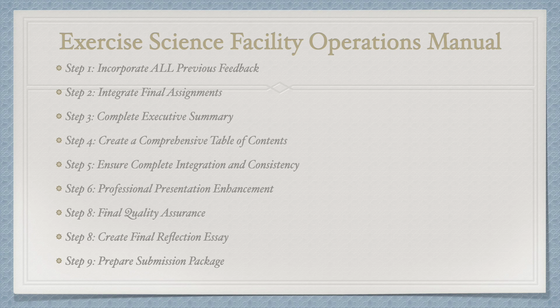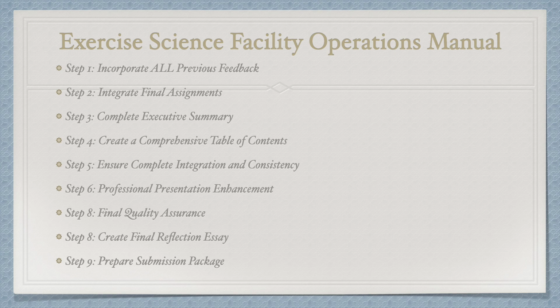And step 4 is to ensure that you have complete integration and consistency. Cross-reference check: verify that all your internal references, if you reference something in a paper, it should be in a reference page. Ensure that the sections reference each other appropriately. Update any section X references. Confirm appendix references are correct.